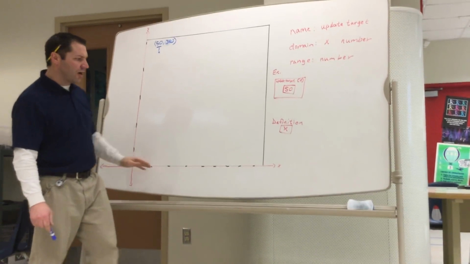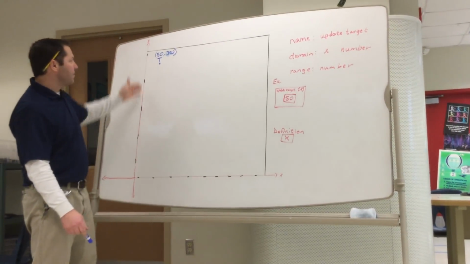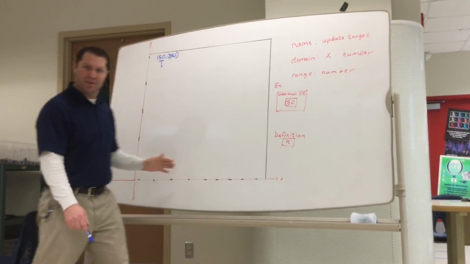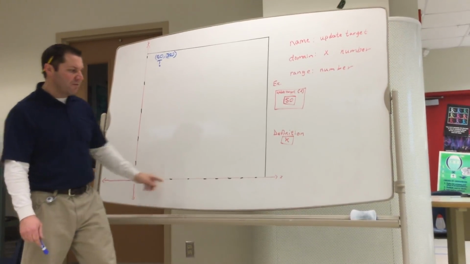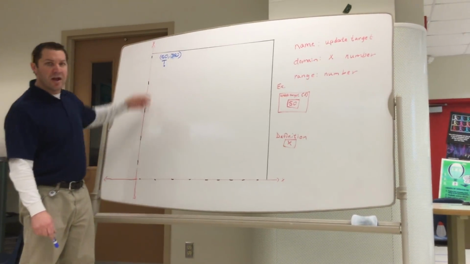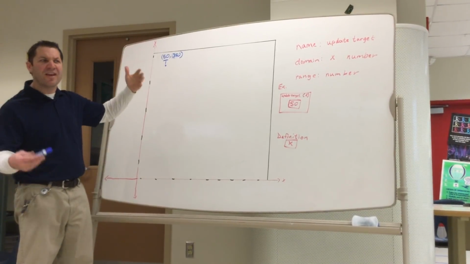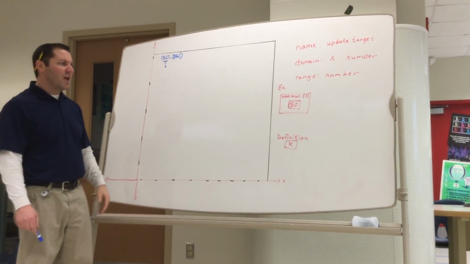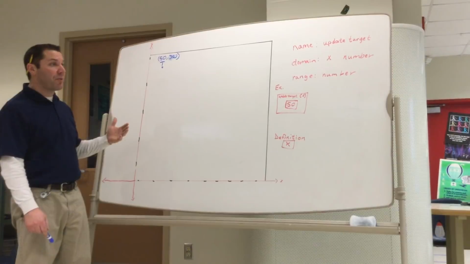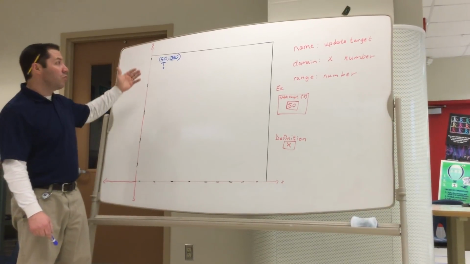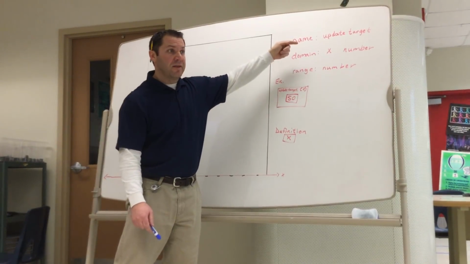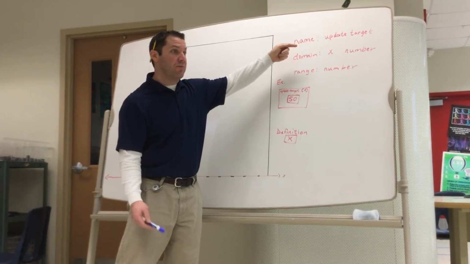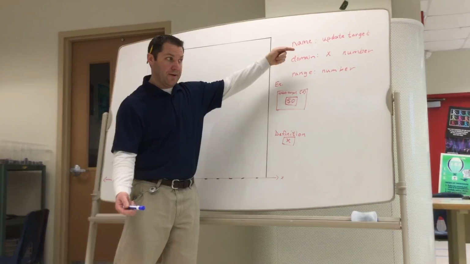And can everybody see, I tried to draw that the screen is supposed to be in black, okay? And then what I did is I put red for our x-axis and our y-axis, so we could see exactly what the screen is. And I want you to realize, and those of you that are past update target right now, you realize that the x-axis keeps going beyond the screen, okay?